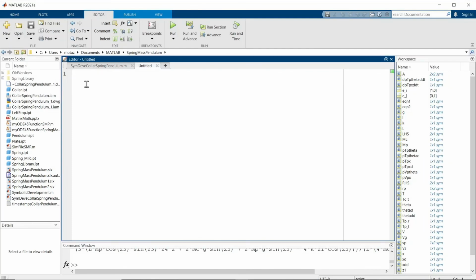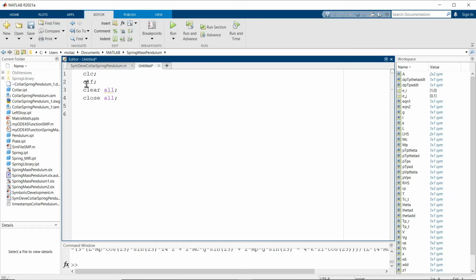Okay, now we're ready to start simulating since we've completed solving for x double dot and theta double dot. So we'll start by clearing the screen, clearing all variables, and closing all figures since we're going to do some animations.